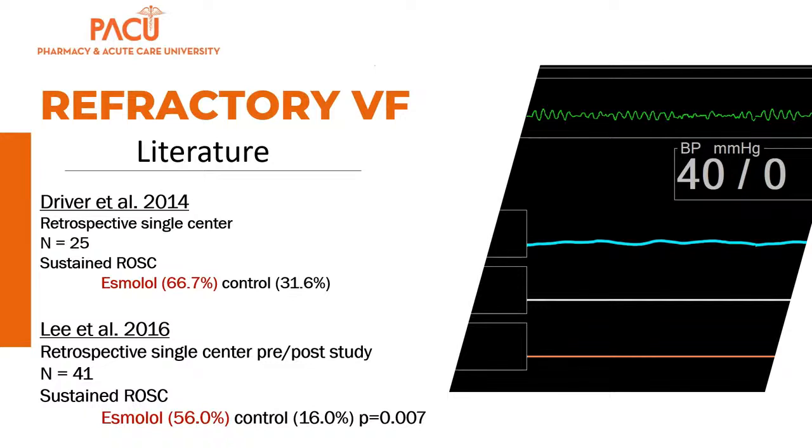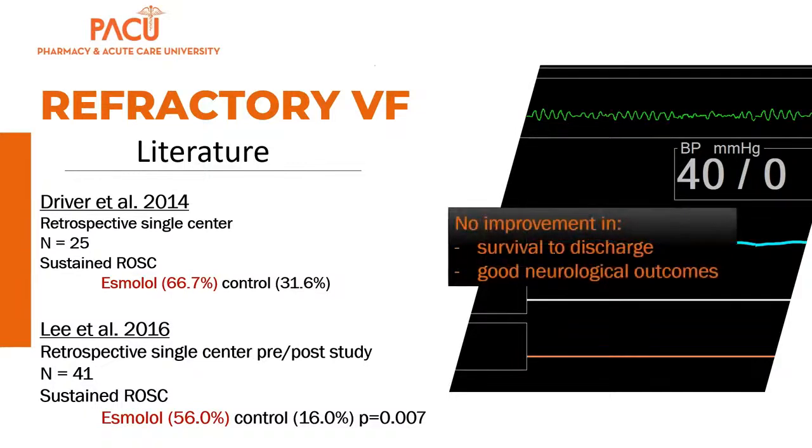Of course, with our larger randomized controlled trials, we don't use ROSC as a primary endpoint anymore. It's viewed as not patient-centered. We really want to see the full picture with a primary outcome such as survival. Neurologically intact survival is the gold standard now in resuscitation literature.